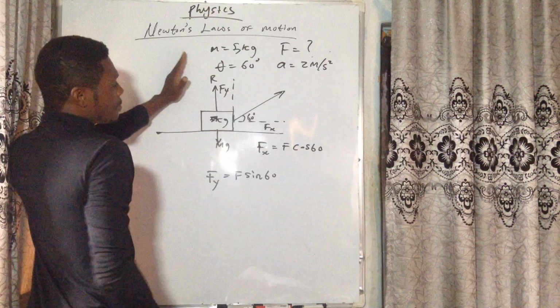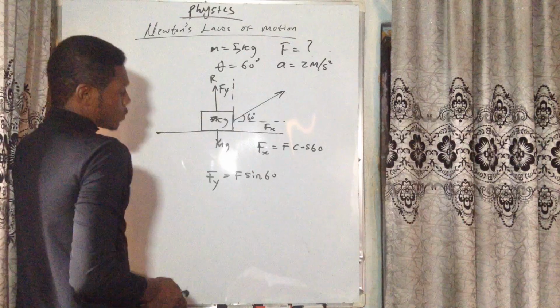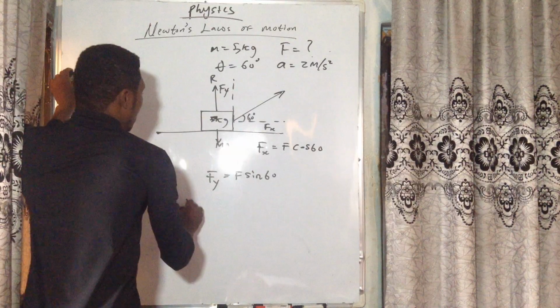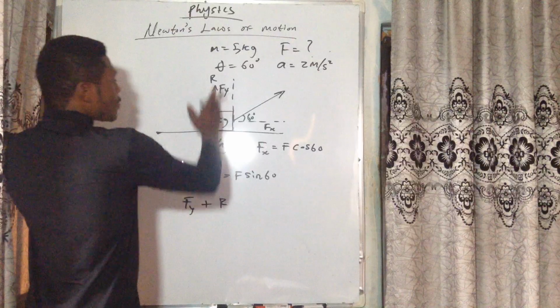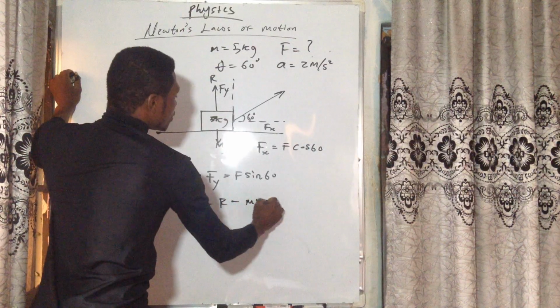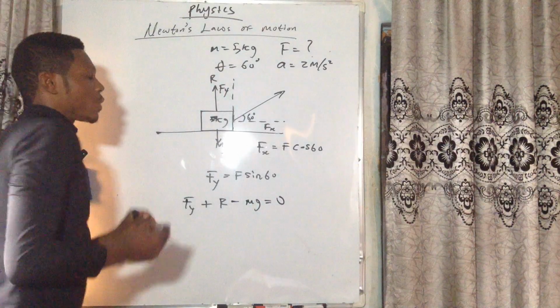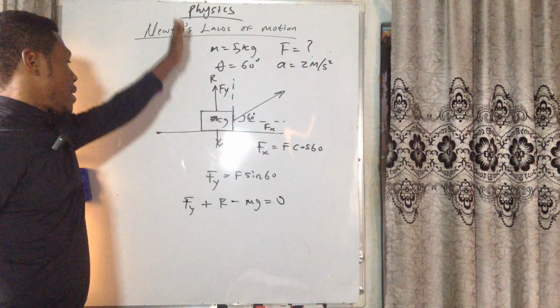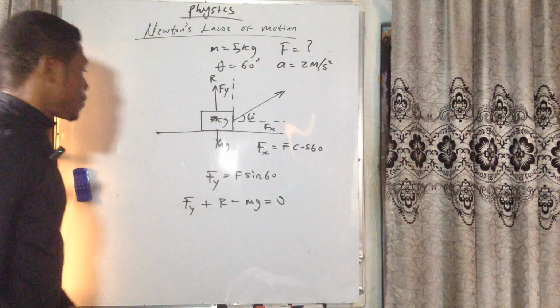The weight is a negative force. So we have Fy plus R minus mg is equal to 0. Why is it equal to 0? Because the body is not moving along the vertical.